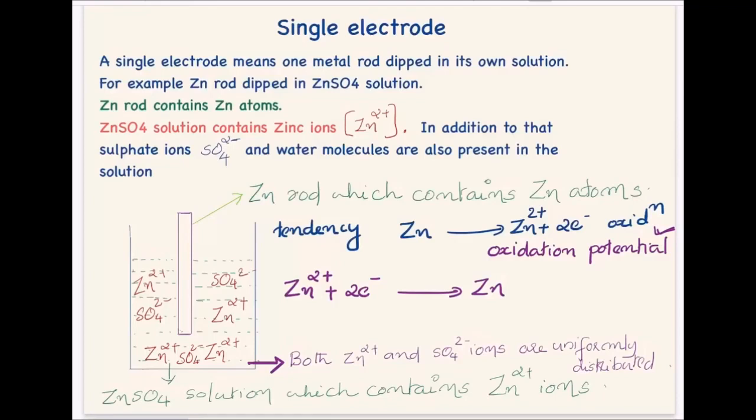So the second tendency is for the zinc ion in the solution. It has a tendency to accept electrons and become a zinc atom. If it becomes a zinc atom, then it has to deposit on the zinc rod. See this equation. This equation involves acceptance of electrons, so this reaction is reduction.